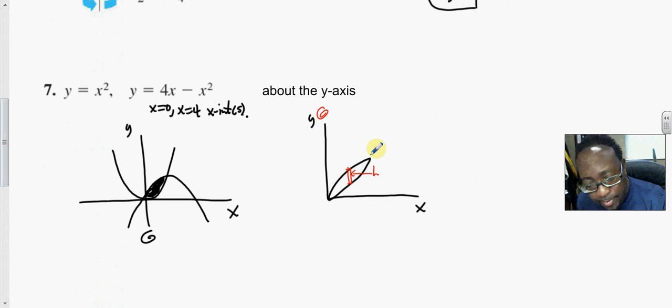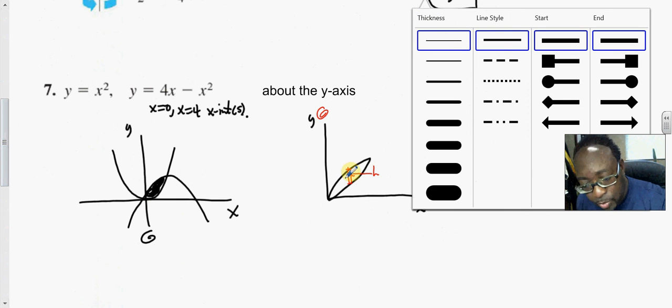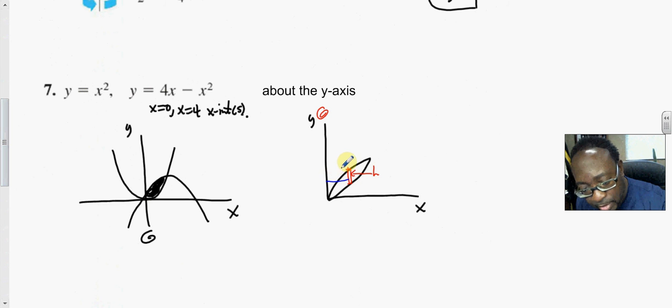This is our height. Then you want to calculate the distance from the axis of revolution to the center of the radius. So that will give us what we call P. And this is P of x. This is H of x.